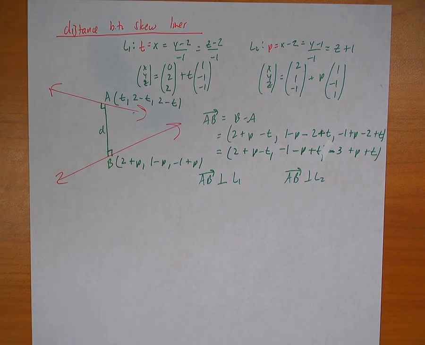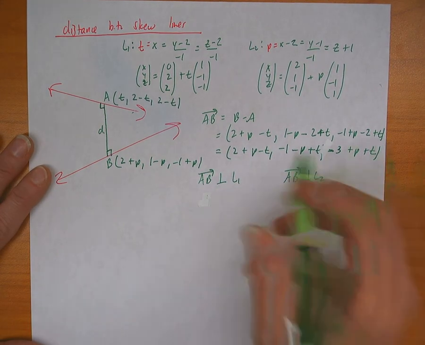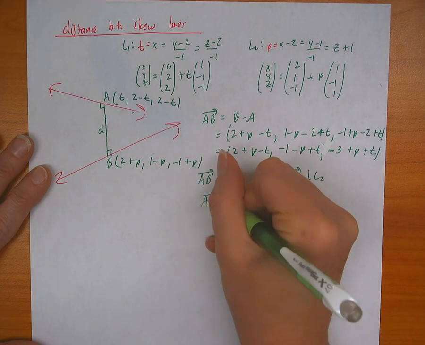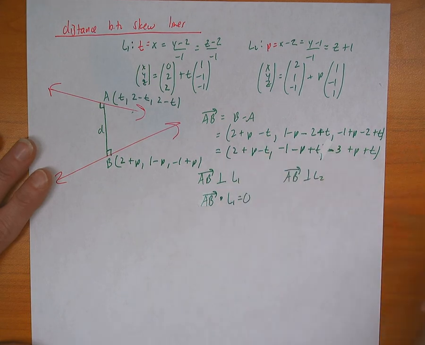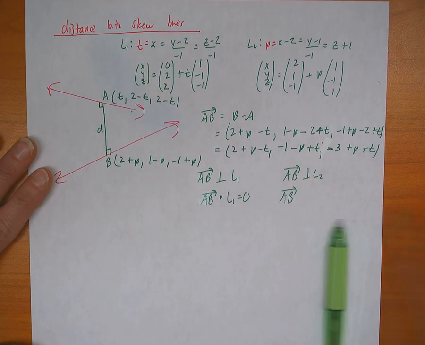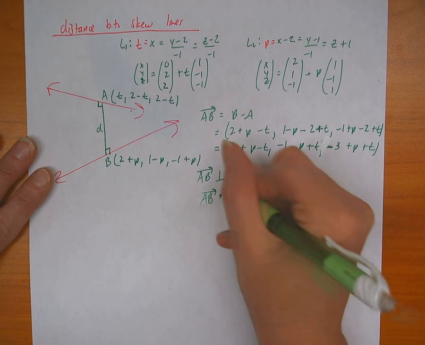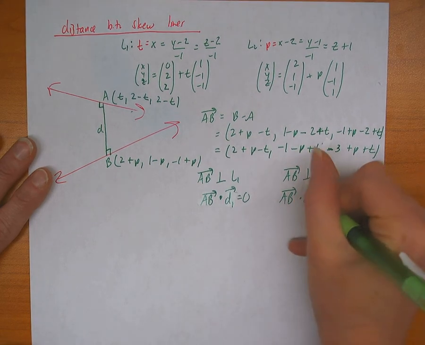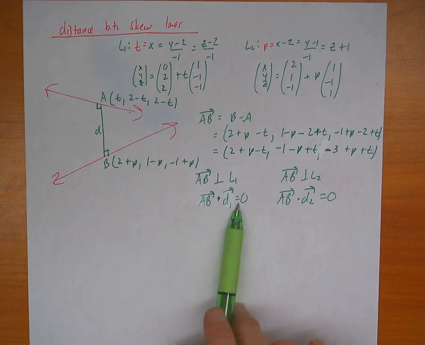So how do we determine if something's perpendicular with another line? Two vectors are perpendicular if their dot product is 0, right? So the dot product between each of these pairs needs to be 0. So vector AB dotted with the direction vector from line 1 should turn out to be 0, and dotted with the direction vector from line 2 should also be 0. So we're going to get two equations with two variables.